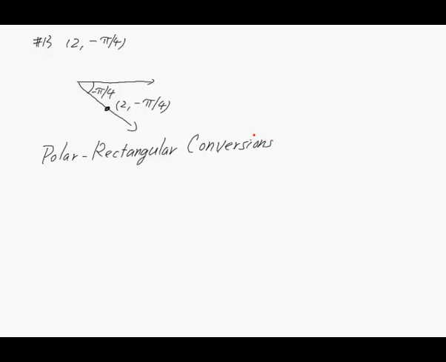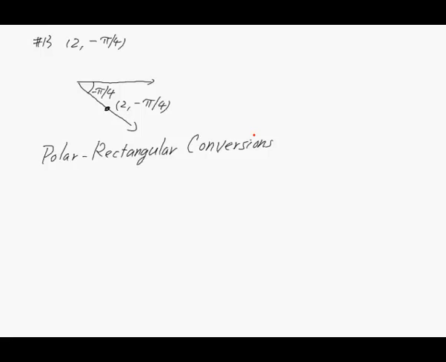So we can have the equations in the polar system. And since we don't have too much knowledge about the polar system, we like to convert those equations in the polar system to the equations in the rectangular coordinate system.